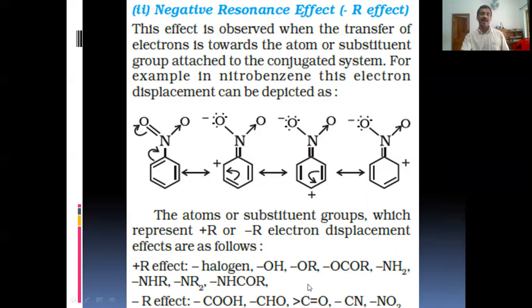These induce minus R effect. They are also known as deactivating groups. The groups which give plus R effect are ortho-para-directing, and the groups which give minus R effect are meta-directing groups.